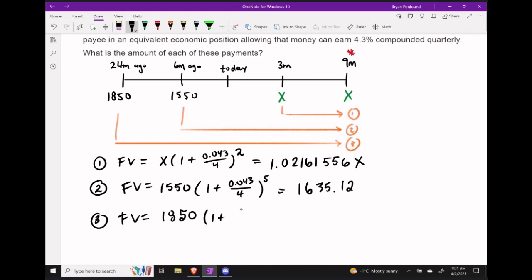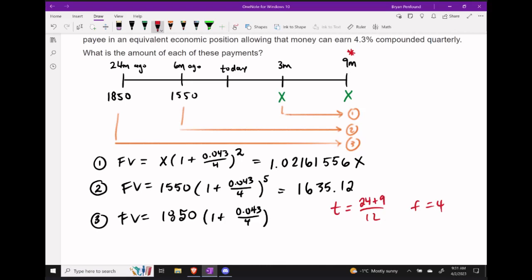Next, let's calculate the future value of our missed payment of $1,850. We're going to use the same 1 plus i. And again, we need to figure out the value we need for n. The frequency number is still 4 here. And now what we need to do is add up our 24 months to get to today, and then add our extra 9 months to get to our focal point.